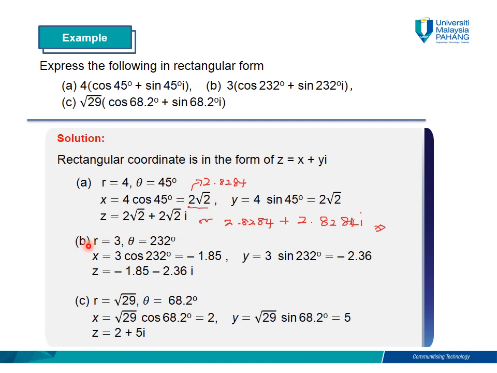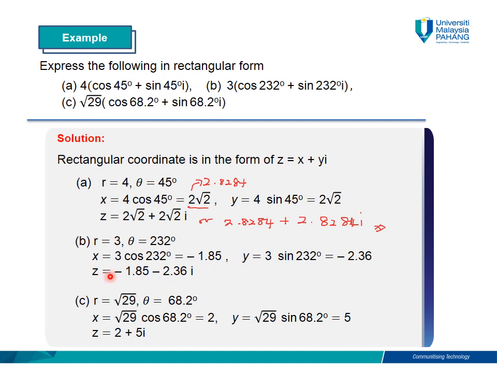For B, same as the A. You just need to define first what is r and what is theta. Okay, then you put into the formulation and you'll get the answer.